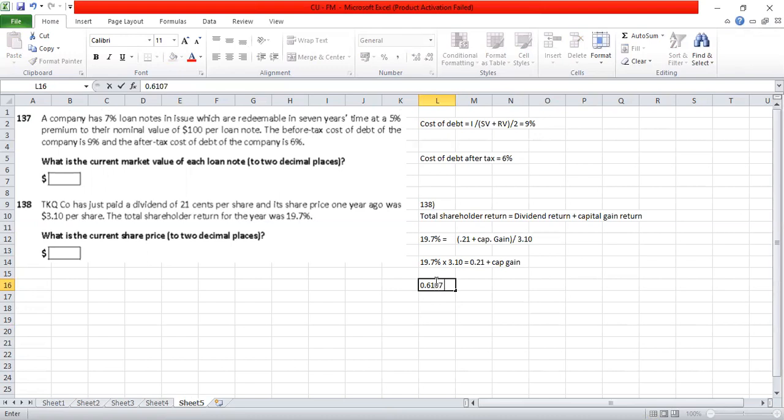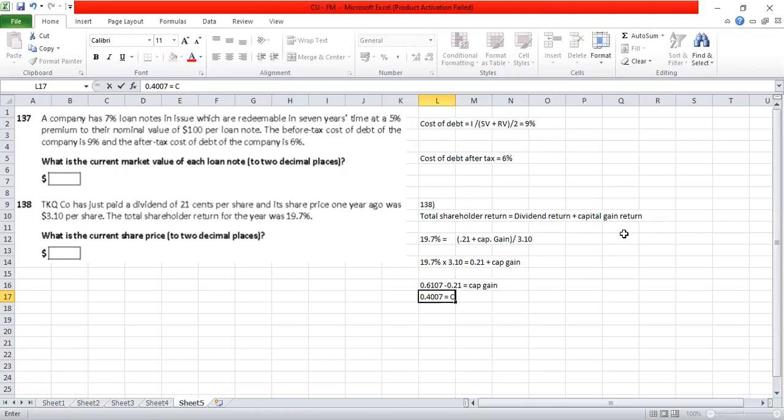Capital gain comes to this side, minus 0.21 is equal to capital gain. So capital gain is now 0.4007. 0.4007 is equal to capital gain.